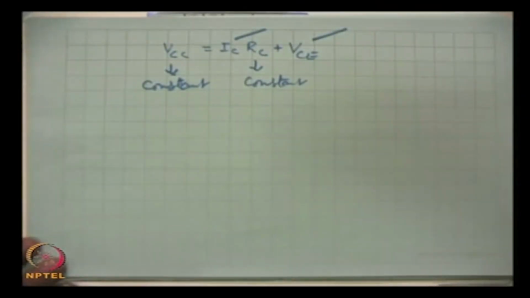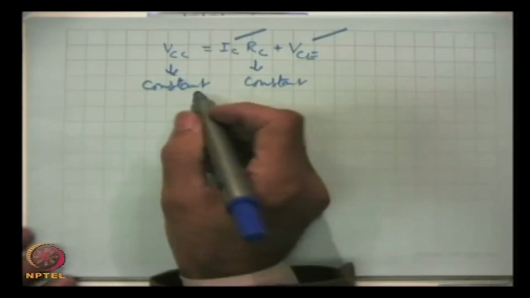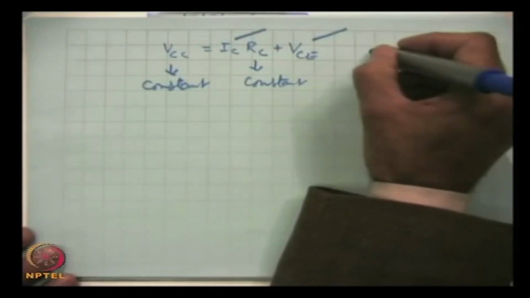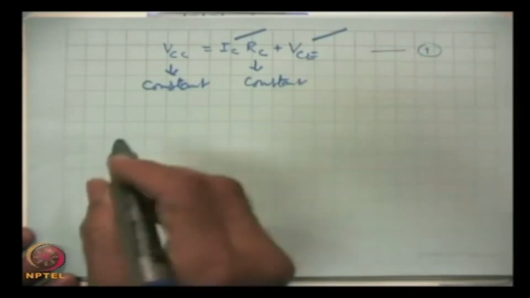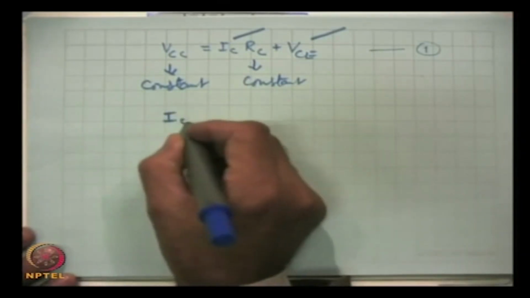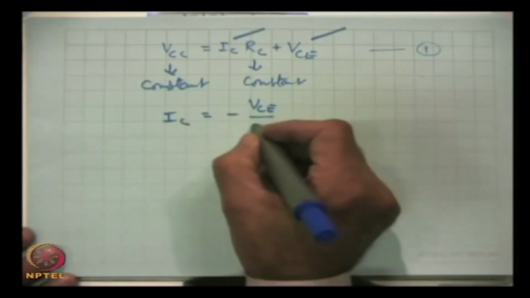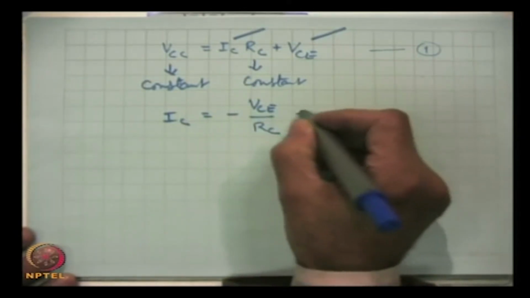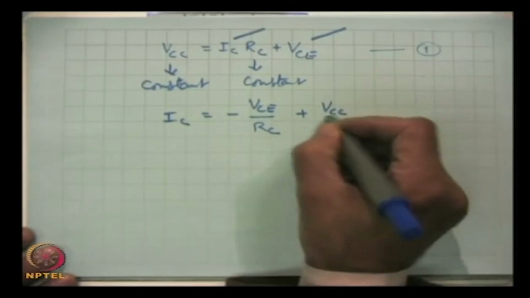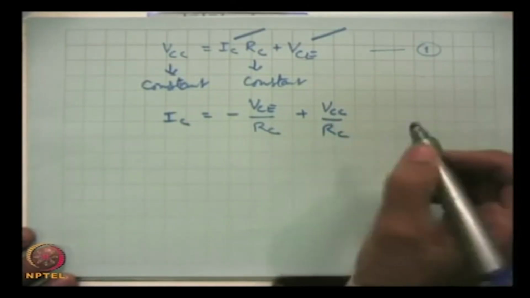So, this is variable and this is variable. These two are the variables, these two are constants, and we rearrange this equation, let us call this equation 1, and if we rearrange it, we get IC is equal to minus VCE by RC plus VCC by RC.